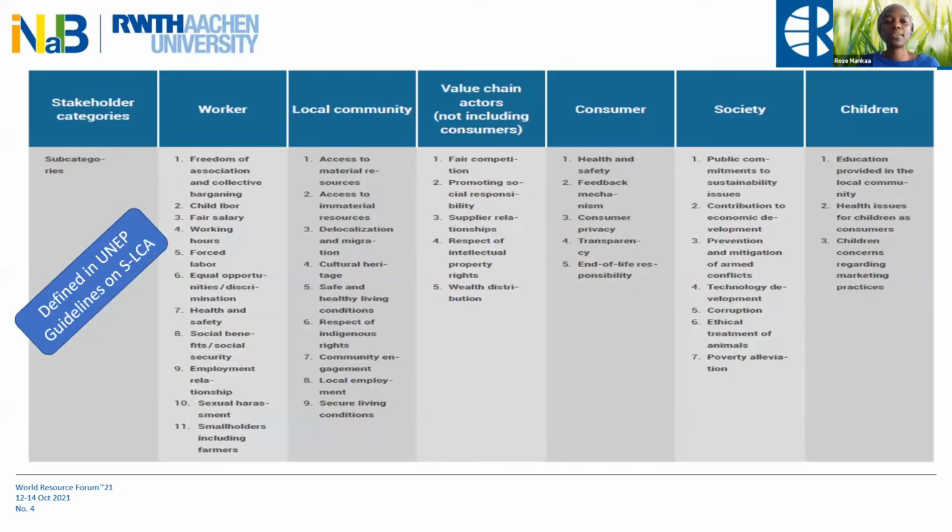So as we said, we base ourselves on the UNEP guidelines, and according to the UNEP guidelines, there are stakeholder categories that have to be considered in any social assessment. And for this particular assessment, we consider those stakeholder categories and their related subcategories, also extracting the data from the social hotspot database.